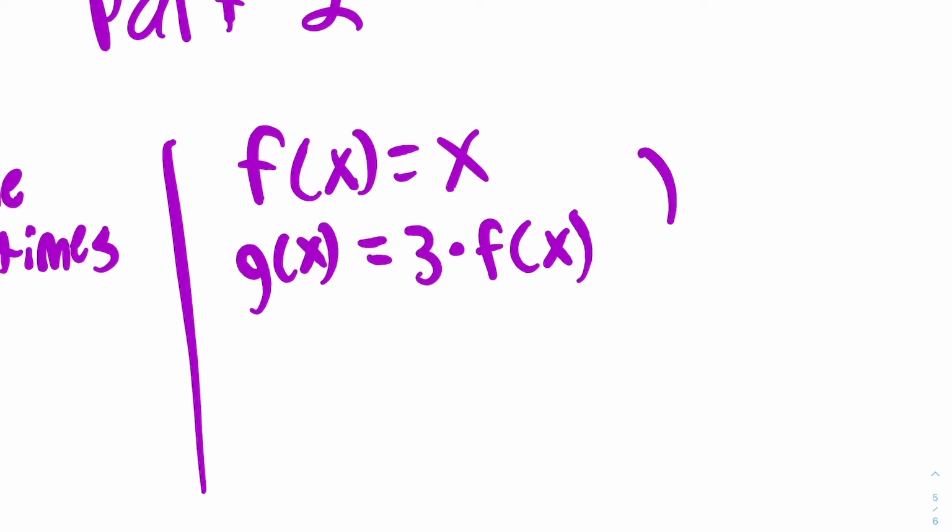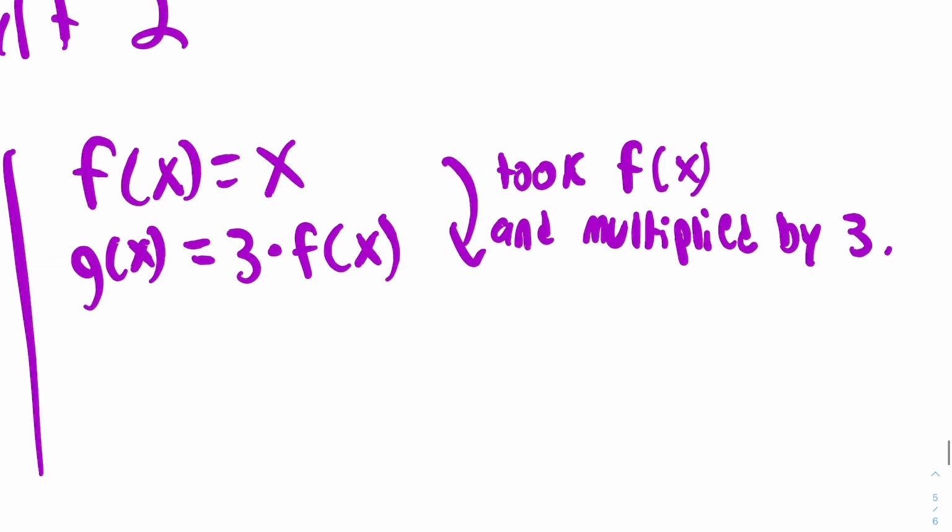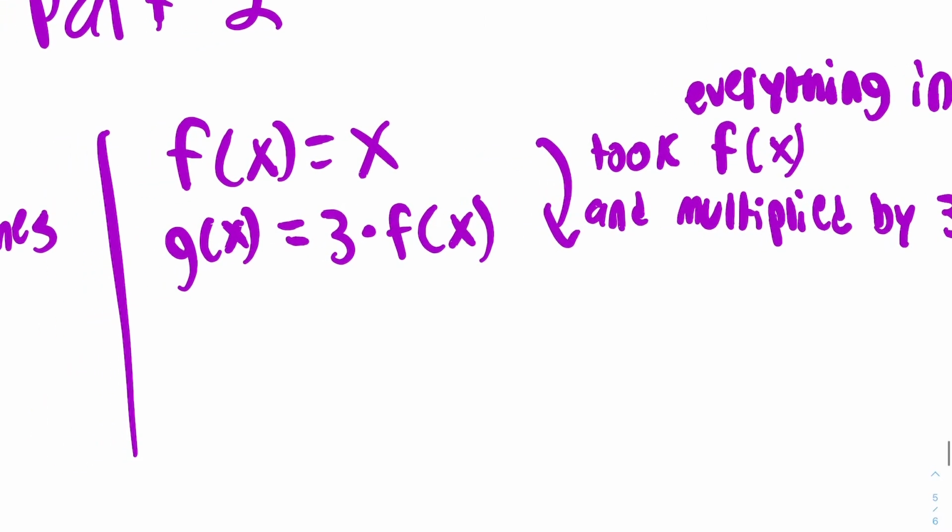The only difference took f. Well, there's actually a name for whenever you multiply like this. That was actually a scale factor. We multiplied by a scale factor of 3, because we took everything in f of x, every little number that was on that line, and we multiplied every x by 3, and that's going to make our new graph called g.